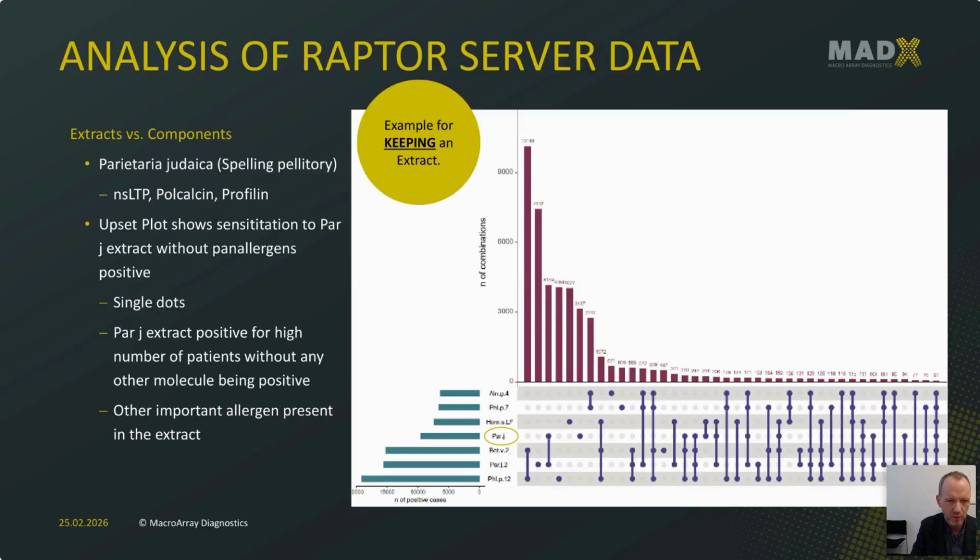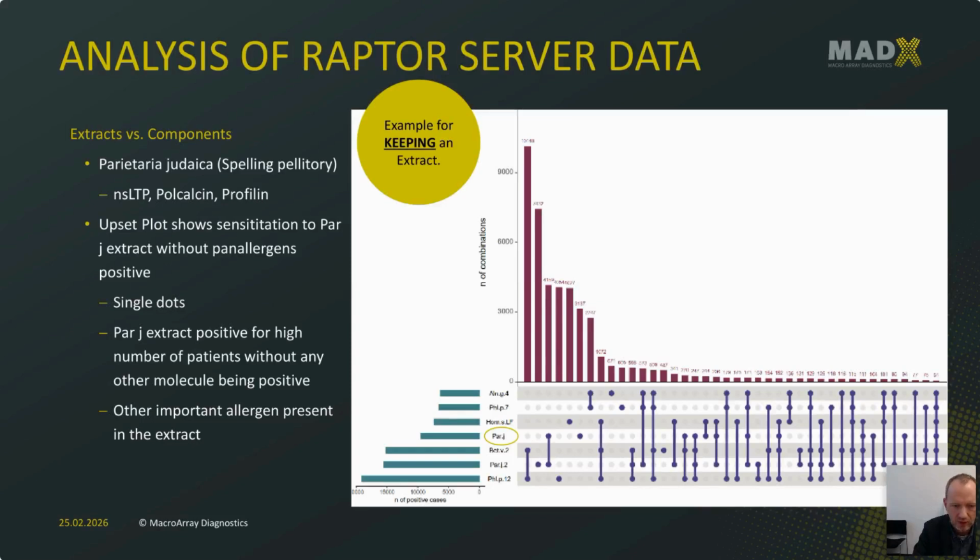In this example, we'll see that the highest number of co-sensitization was actually observed for Bet v 2 as well as Phl p 12. But if we look at this UpSet plot in a bit more detail, we'll see that quite a large number of patients tested positive for Par j, which is over here, the extract of spelt pellitory, without testing positive for any corresponding molecular allergens that are known, at least.